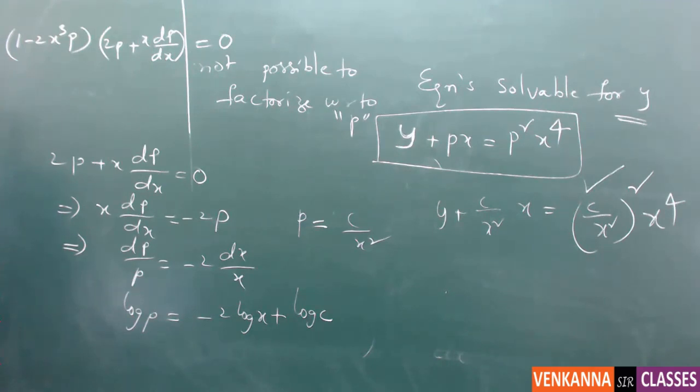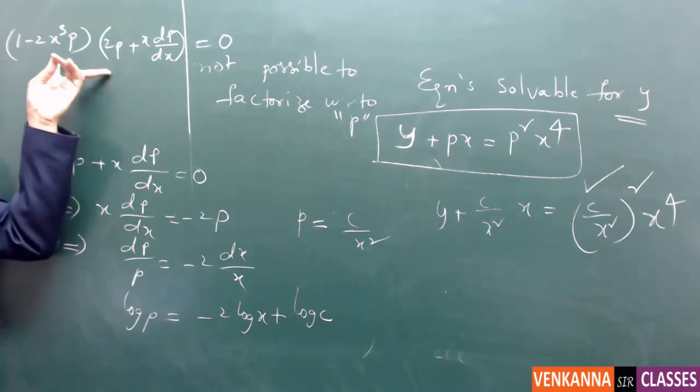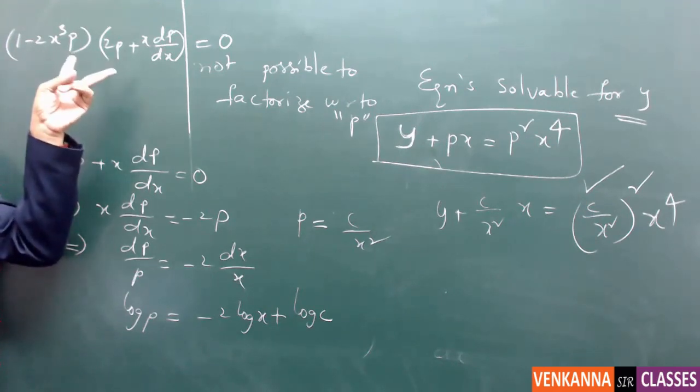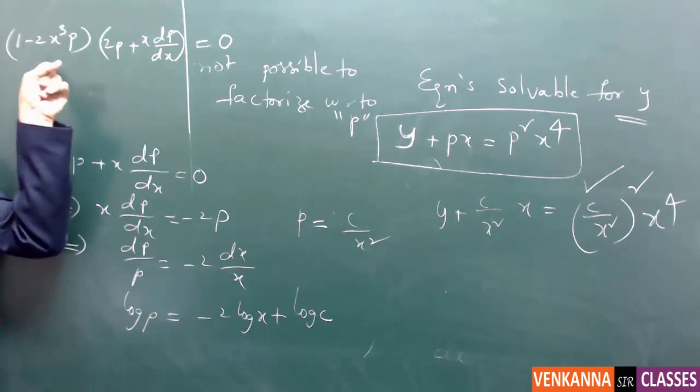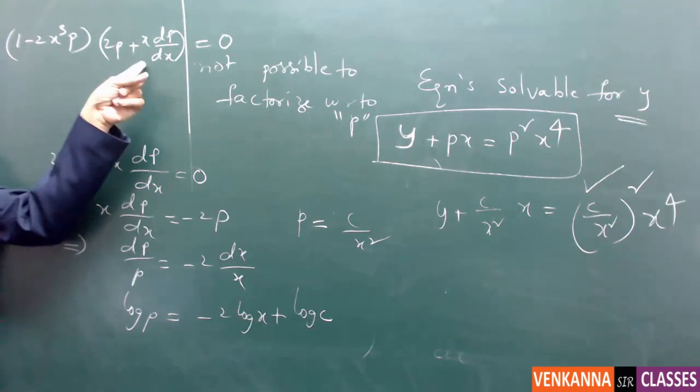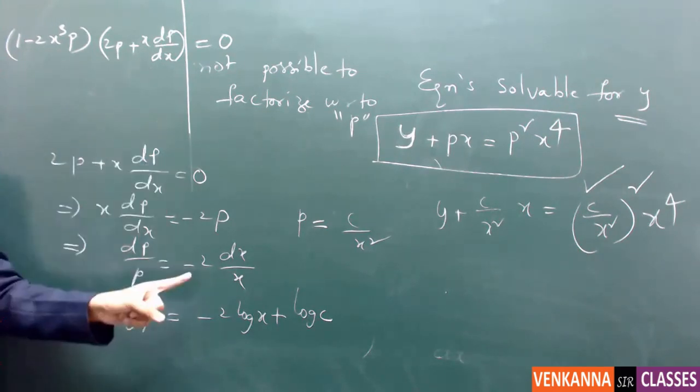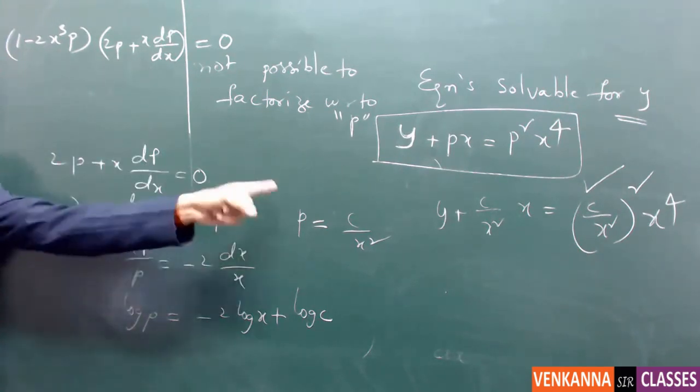So if we review the overall approach, first thing, y must have power 1 in the given equation. We have to represent y is equal to something, then differentiate with respect to x on both sides. Then you will have the factorization, product of two factors will come usually. Then we are going to leave one factor because it is giving us the singular solution. We have to consider the other because it gives the solution which contains the arbitrary constant.